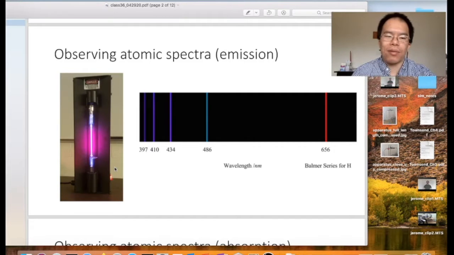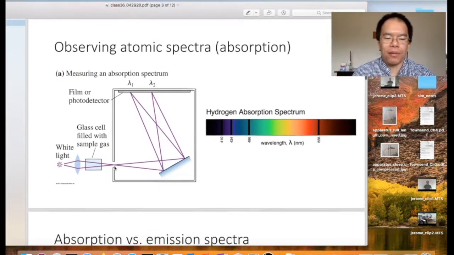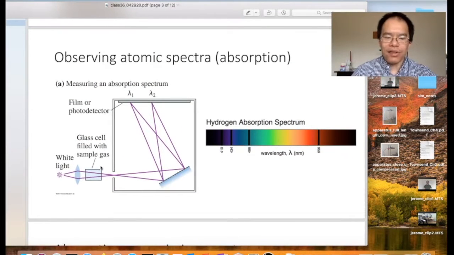The other kind of spectrum that I can get is an absorption spectrum. How you get that is that you take white light, and then you shine it through a sample chamber that has some of the gas that you're interested in. Once again, that light reflects typically off a grating, which separates light into components of different wavelengths.